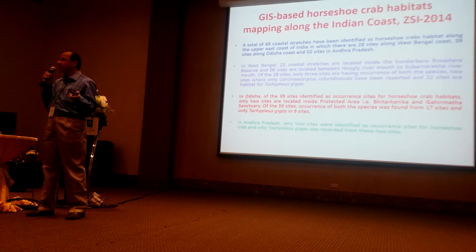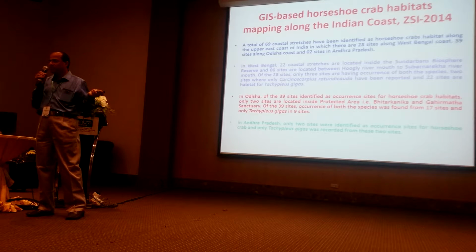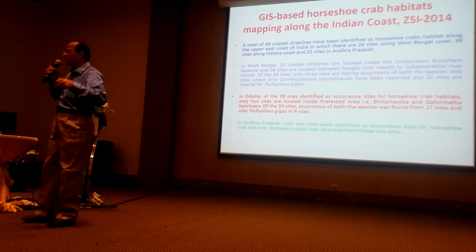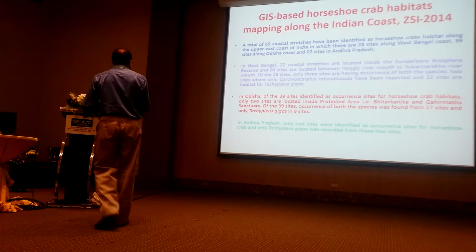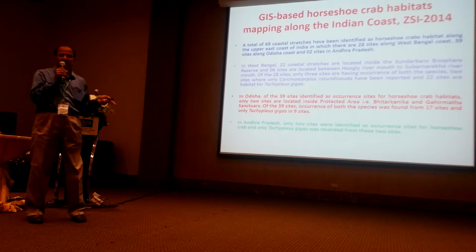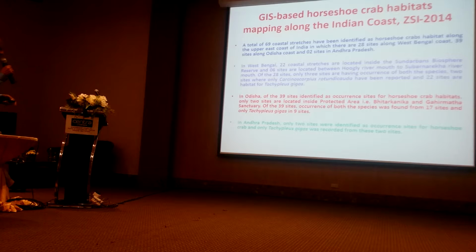It is full of mangrove forest, and there is a possibility of Carcinoscorpius rotundicauda. And Baleshwar, Chandipur, Balramgadi, and all these coasts are for T. gigas. In Andhra Pradesh, only 2 sites were identified, and they say it is only T. gigas. There is no report of Carcinoscorpius rotundicauda in Andhra Pradesh yet.